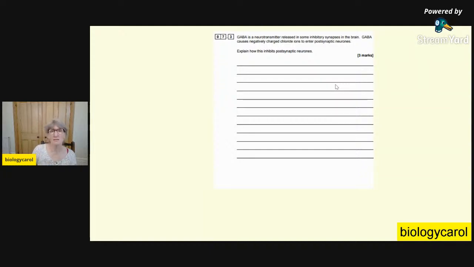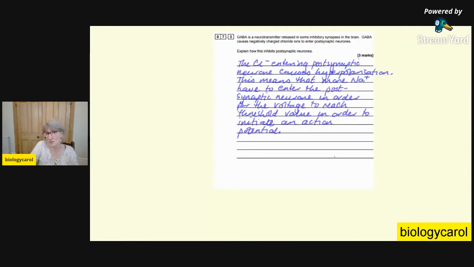And there's a word for that. It's called hyperpolarization. Remember from your action potential graph. I've used that word because I know what it means. The chloride ions entering the postsynaptic neuron causes hyperpolarization. That's my headline answer, and I think I've got 1 mark.